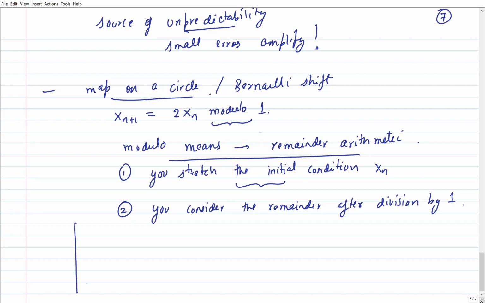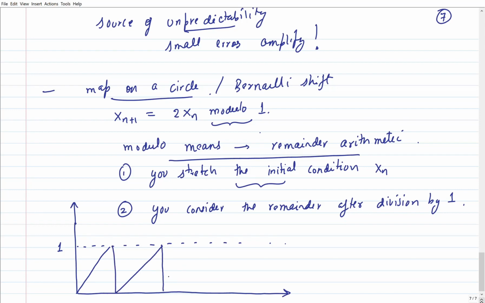So in a sense you have this guy 1. So you have half, you have 1, xn, xn plus 1. This is how this particular map looks like.